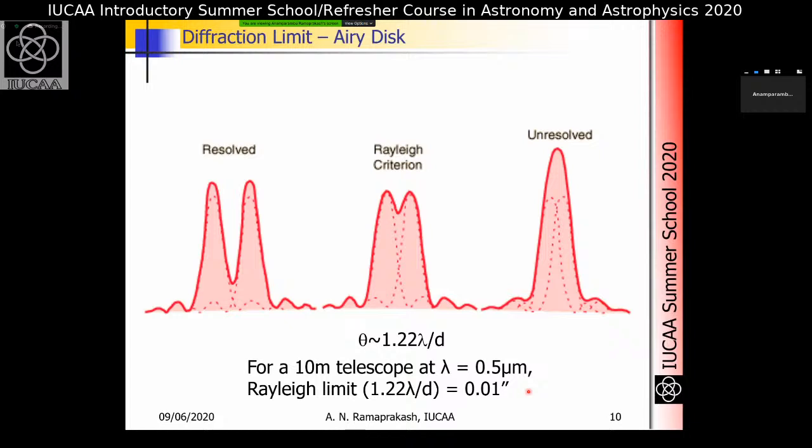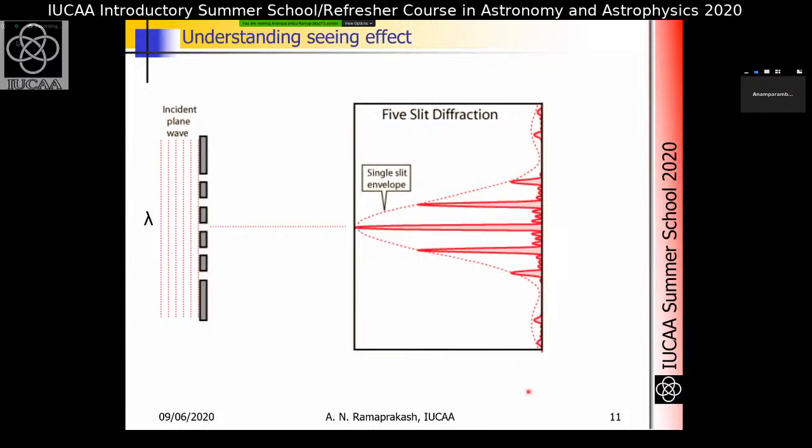This should be the theoretically achievable diffraction limited resolution of the telescope, and this should ideally be possible. But what happens in the presence of atmosphere?